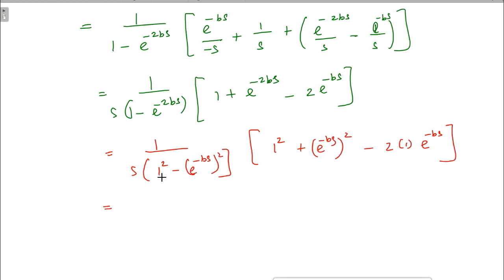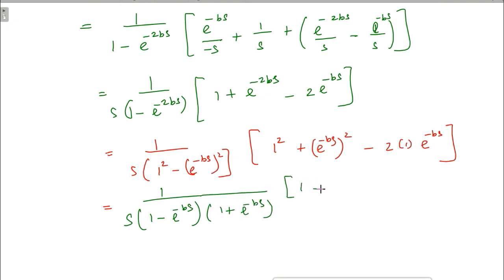You can use the a square minus b square formula. From that you get 1 by s into 1 minus e power minus bs times 1 plus e power minus bs. In the numerator you get 1 minus e power minus bs whole square. You can cancel the common term. So finally you get 1 by s, 1 plus e power minus bs into 1 minus e power minus bs.